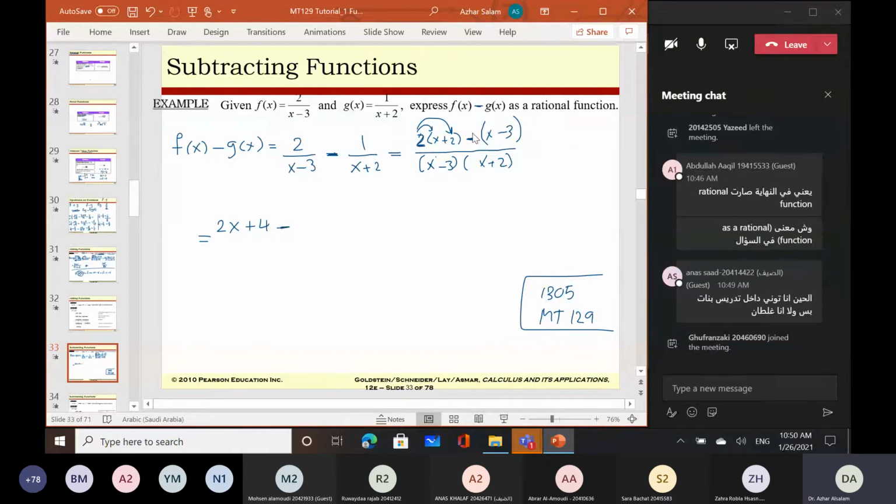Minus, also I distribute the minus inside the brackets. I multiply the negative sign by both terms inside the brackets. Minus x plus 3. Negative times negative gives me positive. Okay, divided by. Here the same thing, I will have x squared minus 3x plus 2x minus 6.